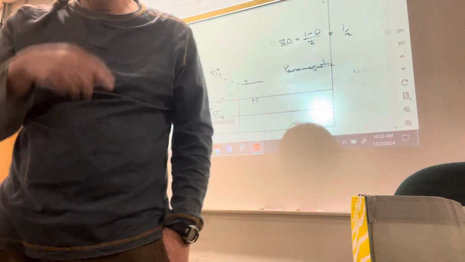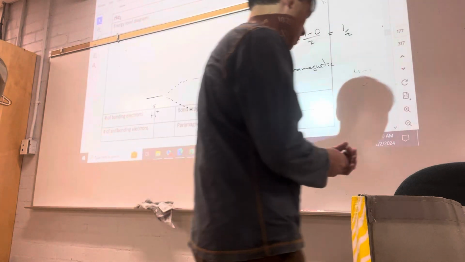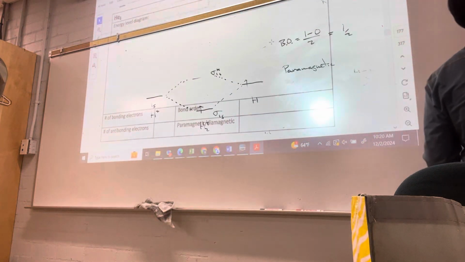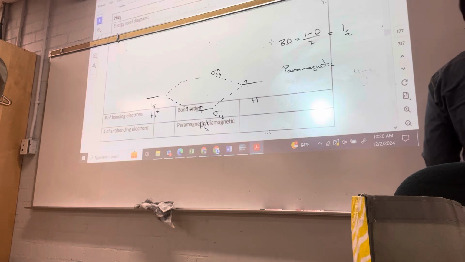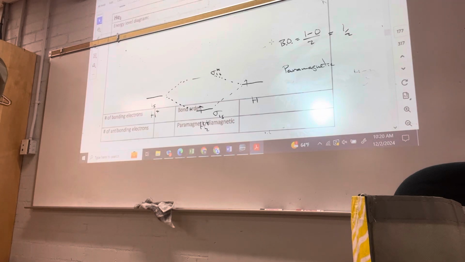Let's go to He2. For comparison, we want to do He2 using valence bond theory. If we do helium, which has a 1s, it's going to be filled. Then we throw in another helium and try to bond these together using valence bond theory.